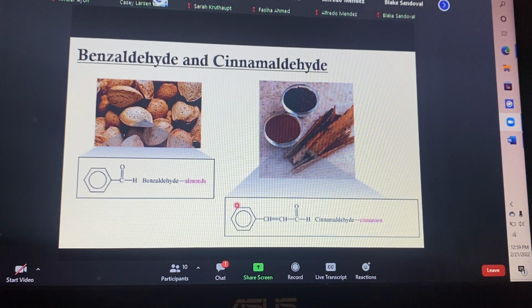So I'm pretty sure cinnamon was around before that kind of stuff. Yeah. But that's a fair question. I love questions like that, because that's kind of how my brain works.